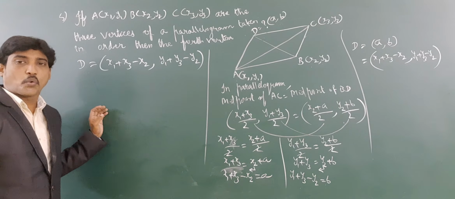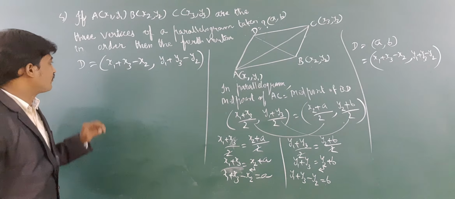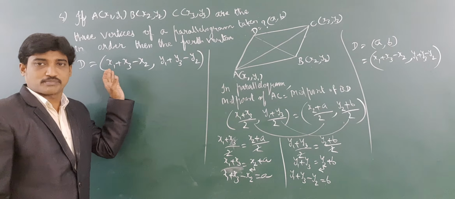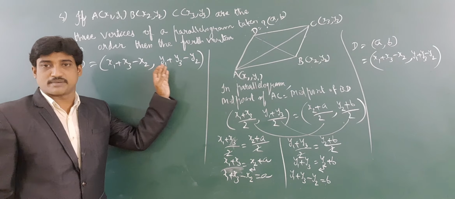So if we know three vertices of a parallelogram, we can find the fourth vertex using the formula D is equal to the ordered pair x1 plus x3 minus x2, comma y1 plus y3 minus y2.